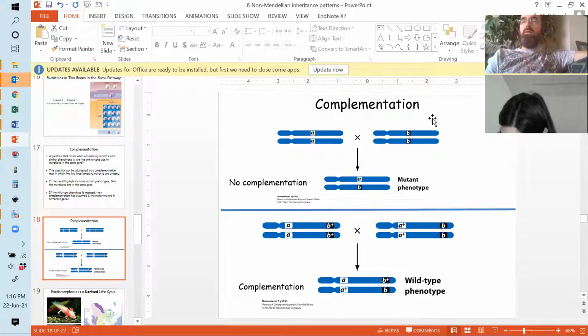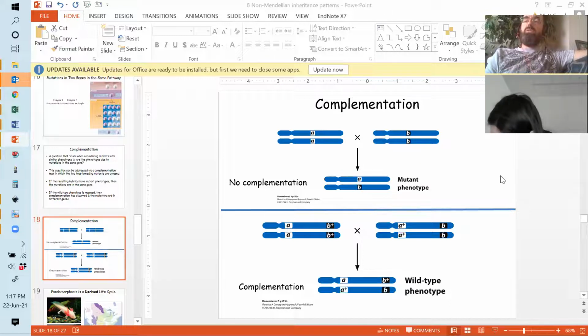Even though the parents were homozygous for each different allele. Now, if you do the same thing and those mutations are in different genes, so here we have homozygous recessive for one mutant allele, homozygous recessive for the other one.